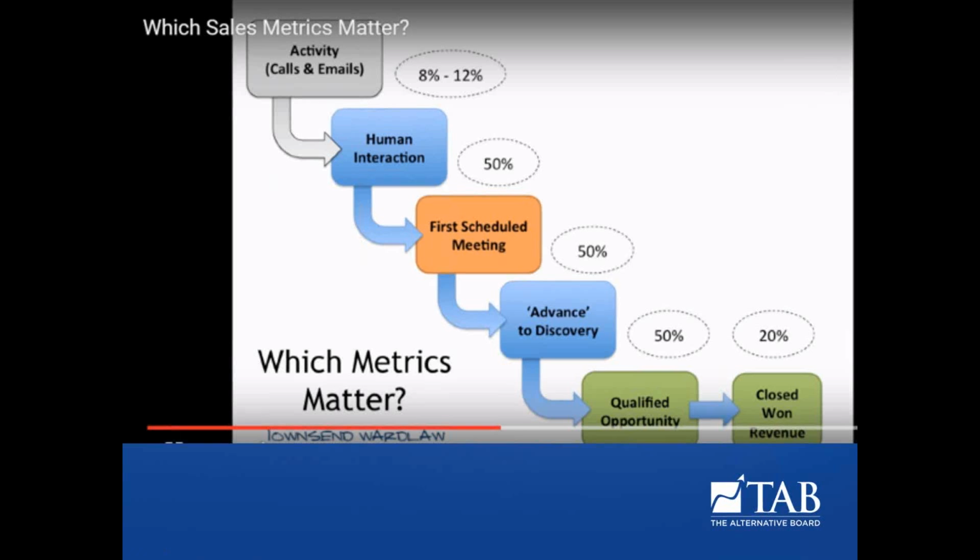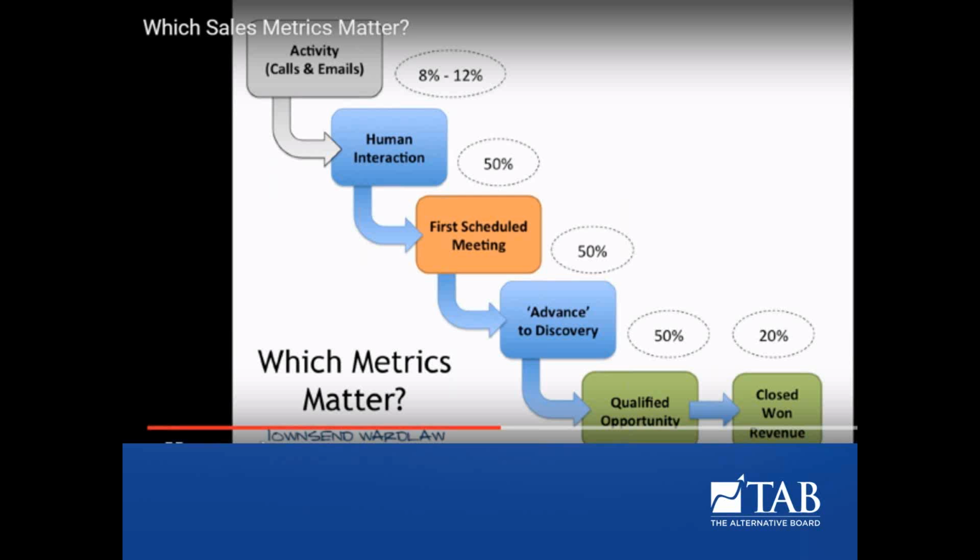Yeah, so you've got the 8 to 12% there at the first step. Let's just say that we have some kind of marketing activity that yields us a list. Only 8 to 12% of those are going to allow us to have an interaction, that we'll make phone calls, send emails, or whatever. Only 8 to 12% are actually going to engage with us in responding to our phone call or our email.